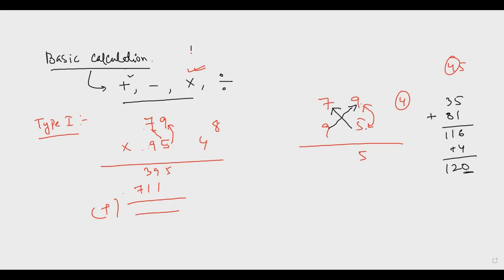What is the last digit? 0. So we write 0, and 12 is the carry. Lastly, what we are going to do is 9 into 7, how much is that? 63.